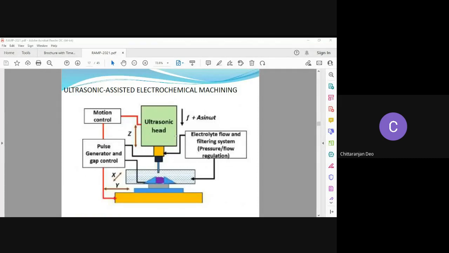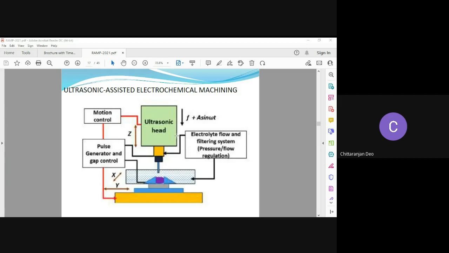Next, we'll talk about the ultrasonic assisted electrochemical machining process, where the objective of using ultrasonic vibration is to facilitate the removal of reaction byproducts and heat from the machining zone, which favors diffusion, minimizes passivation, creates optimal hydrodynamic conditions, improves aspect ratio, and influences the electrolyte reaction through sonochemical reaction.